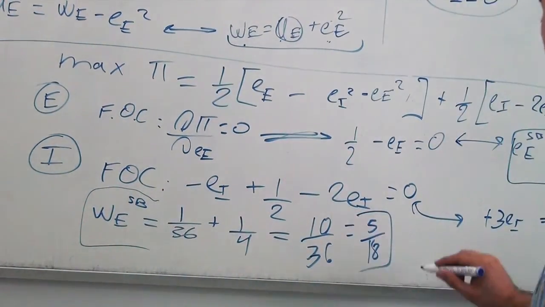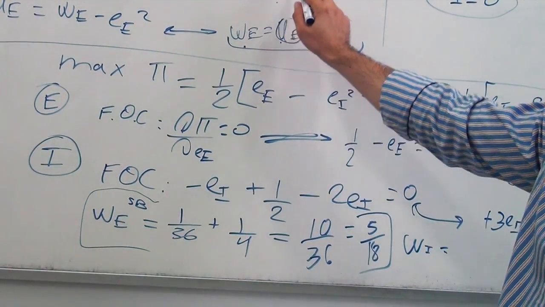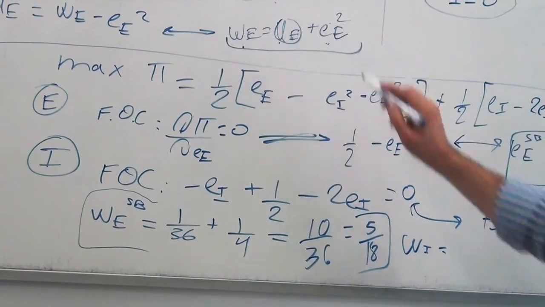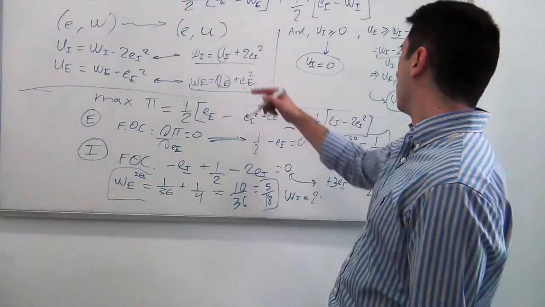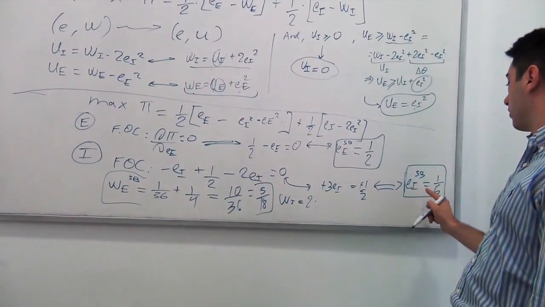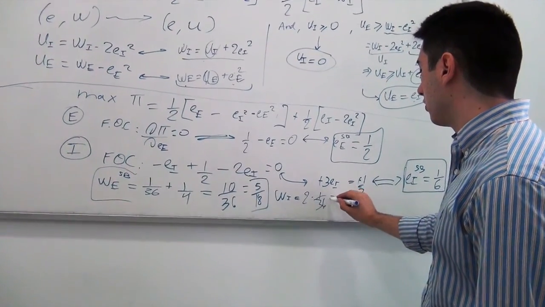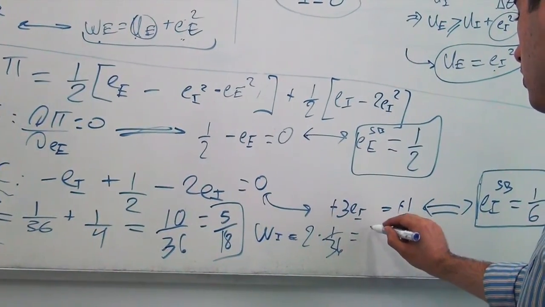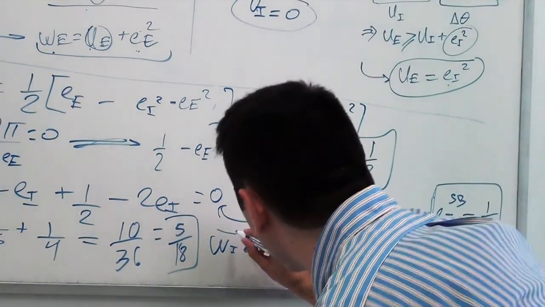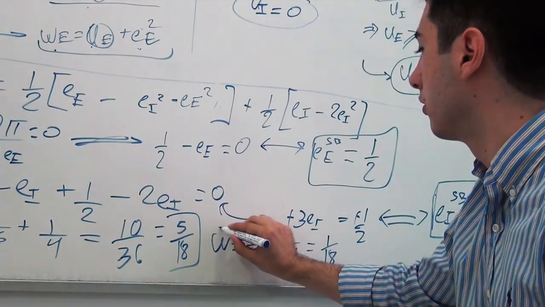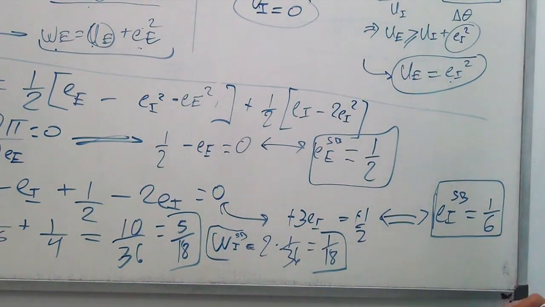Okay. And for the inefficient, the wage is this one, this is 0, goes up, and then it's just 2 times this raised to the second power, which is 1/18, in the second best. So that's it.